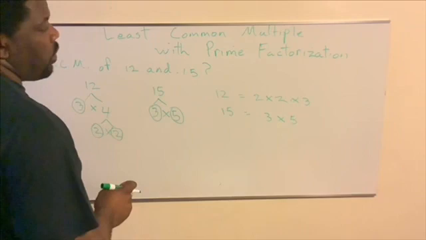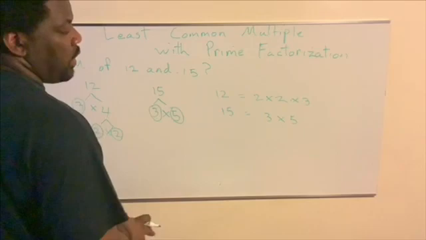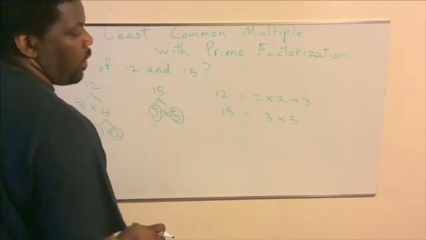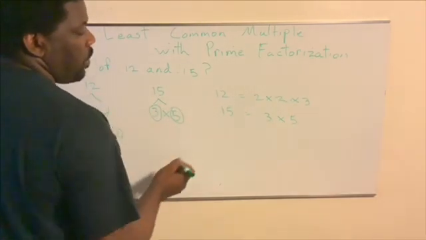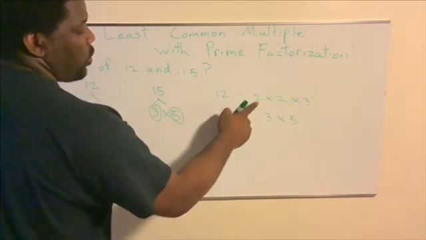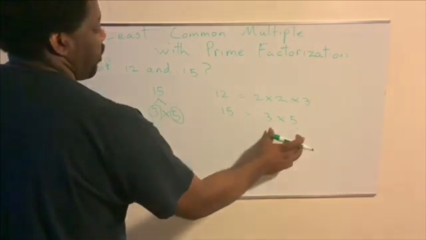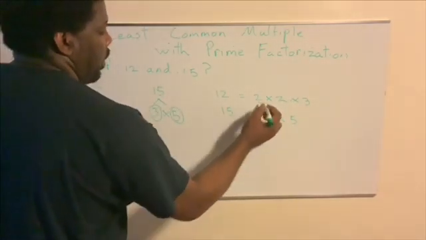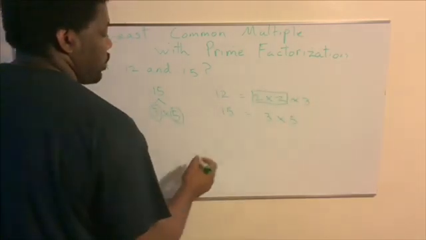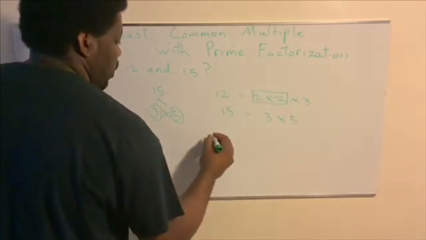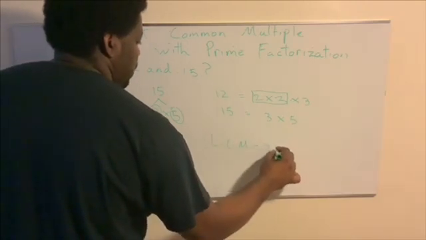Now to find the LCM using prime factors, we're going to compare. We have to use every single type of prime we have, but the greatest number of times it occurs in either number. So we have 2's and we are comparing. We don't have any 2's in 15, so we go with what we have: 2 sets of 2's. LCM is equal to 2 times 2.